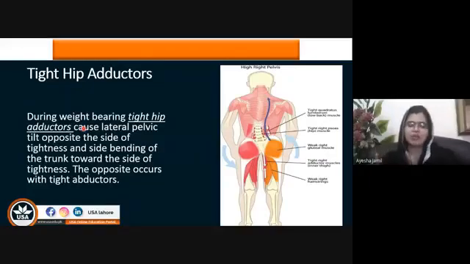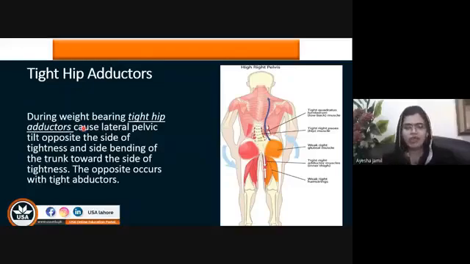On the side of the pelvis that is elevated, there will be hip hiking and adduction at the hip region, and on the other side, where the pelvis is dropped, there will be hip abduction. So the frontal plane movement at the hip joint, known as hip hiking and pelvis dropping, has opposite movement at both hip joints. The side of the hip that is elevated will have adduction at the hip joint, and on the other side there will be abduction.